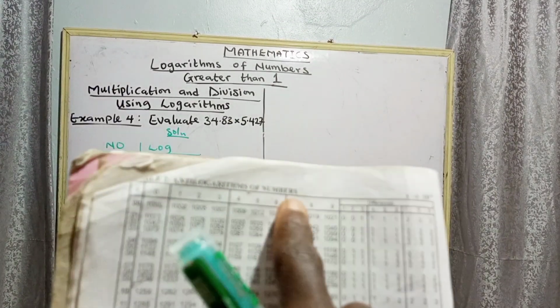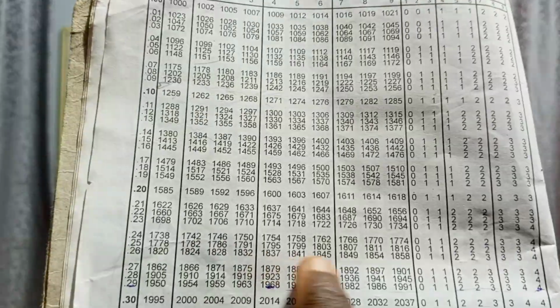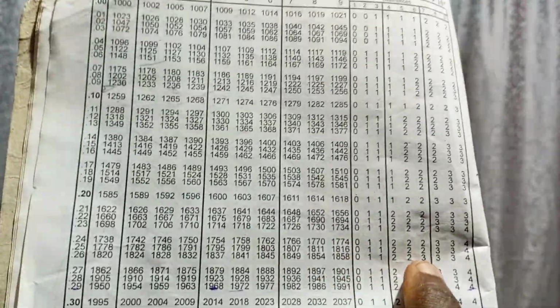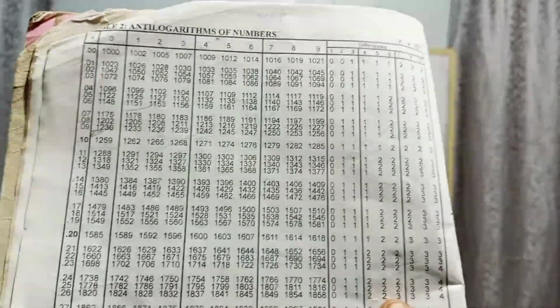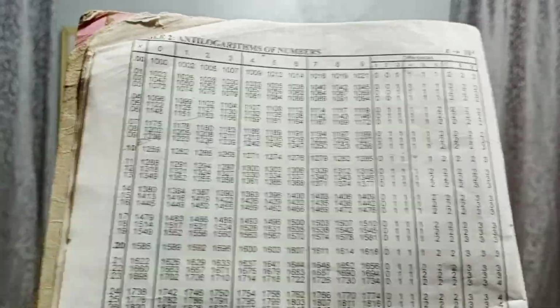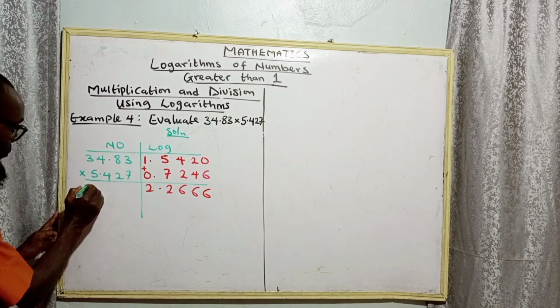This is the anti-logarithm. 0.26 under 6, 1845. Difference 6, which is 3. So 1845 plus 3, we have 1848.